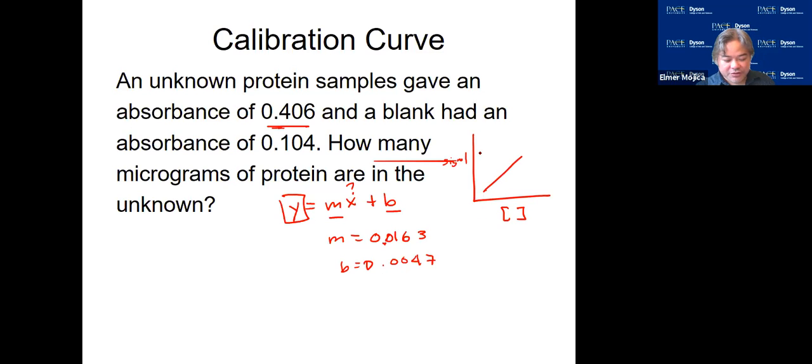So how are you going to solve for X, not Y? What do you need to do with the Y value here? Are you going to use 0.406 as is, or are you going to subtract it with 0.104, because there's a blank?